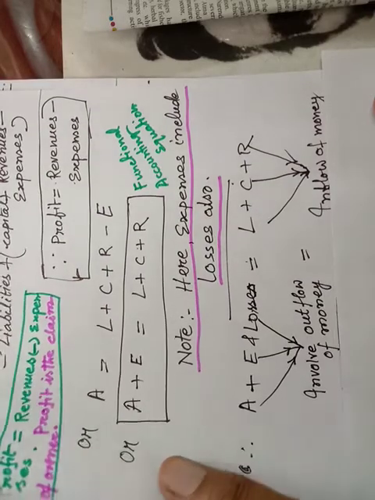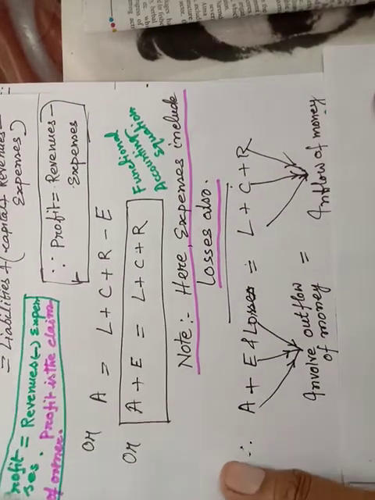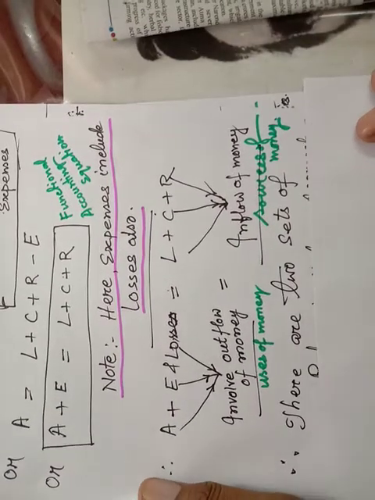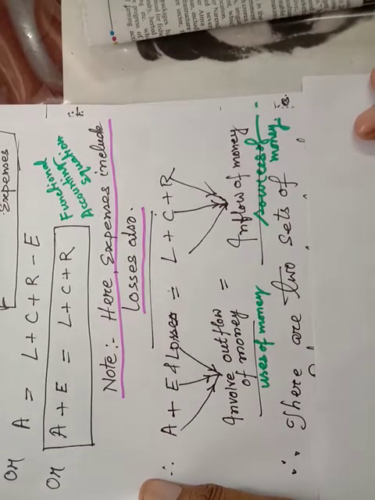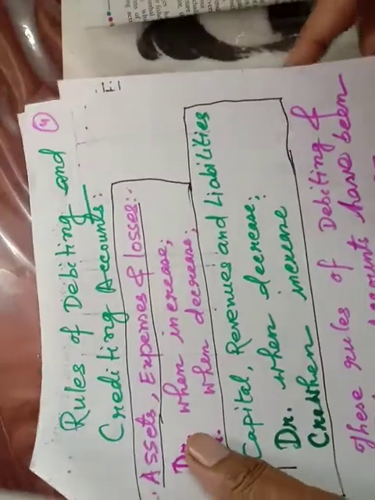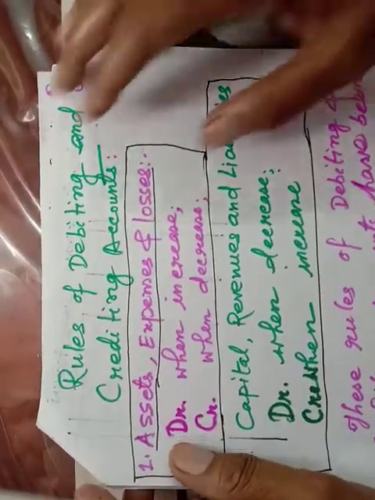Therefore, there are two sets of rules in the modern concept. What are those two? Rules of debiting and crediting accounts.